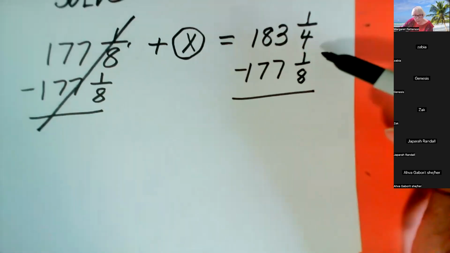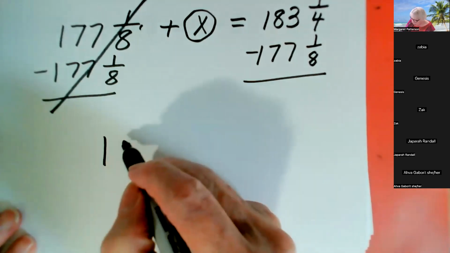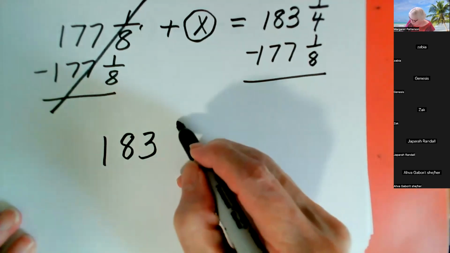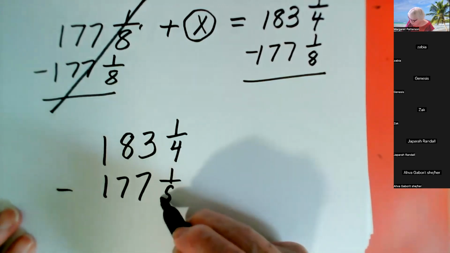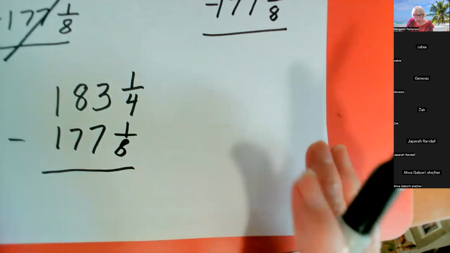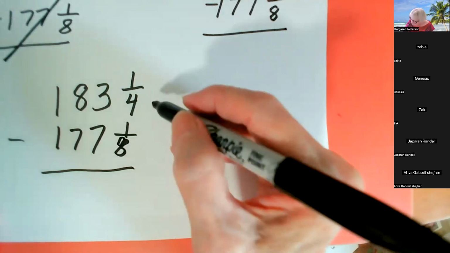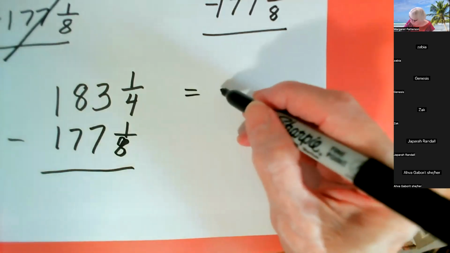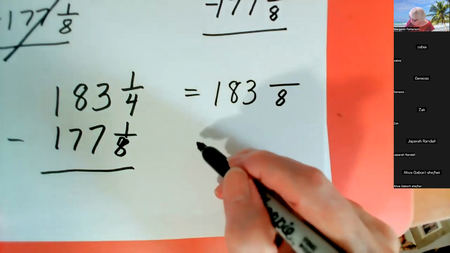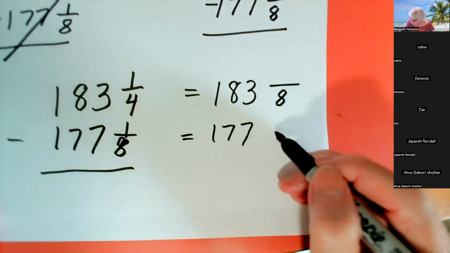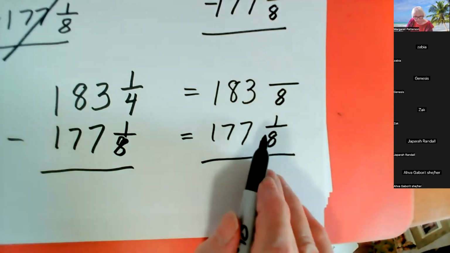Now, this problem here requires some work, but I think we can handle it. And this is review. Subtract, I'm going to write it bigger so it's easier to follow. So it's going to need a common denominator, but fortunately the 8 will do. So I'm going to come over here and go 183, and I need it in 8s. And over here I have 177, and I already have it in 8, so I'm going to just grab it.